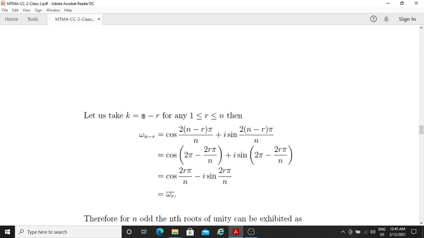It will be 0 when r is n, and it will be n minus 1 when r is the smallest possibility, 1. So there is no problem with this notation: k is n minus r where r runs over 1 to n. Now let's look at omega of n minus r.